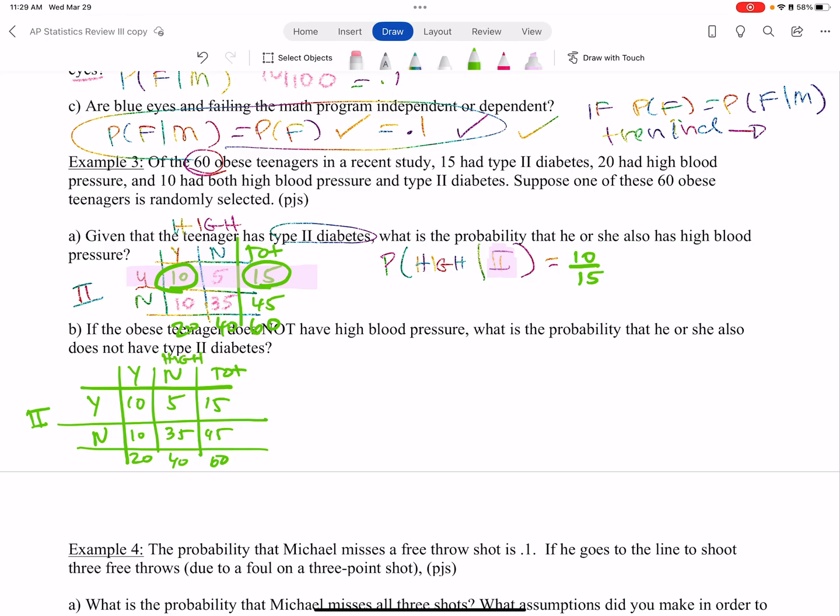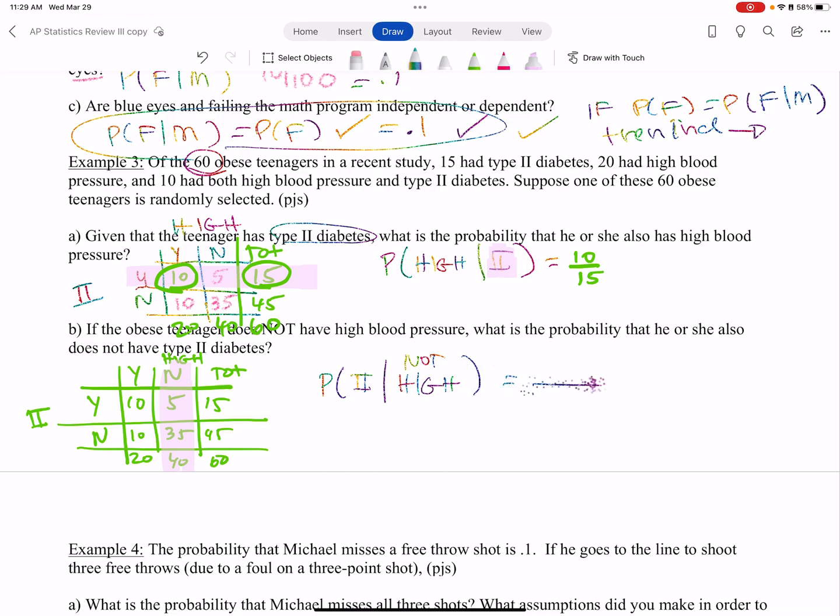So this one says if the obese teenager does not have high blood pressure, so they do not have high blood pressure. The ones that do not are these here. So my total is going to be 40 on my denominator because I'm looking for the probability he also does not have type 2. So I'm looking for type 2 given not high blood pressure.